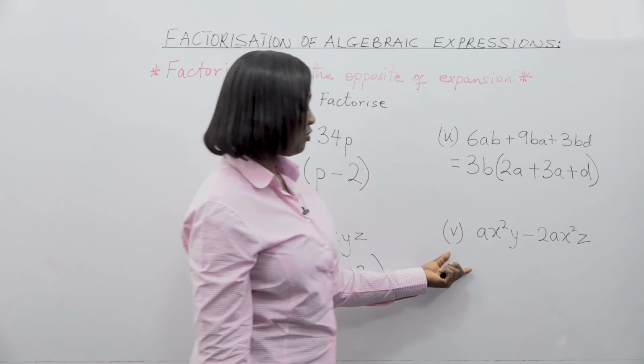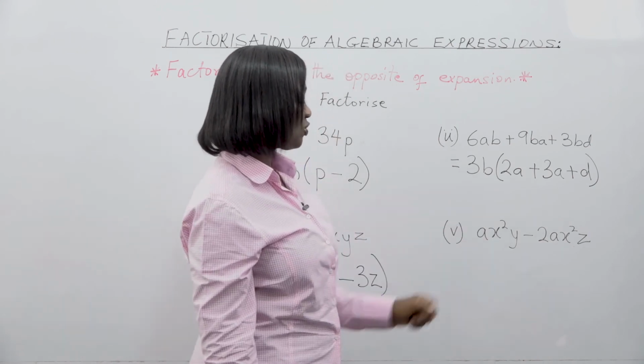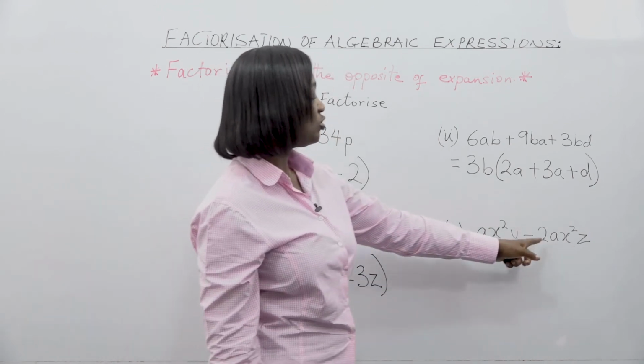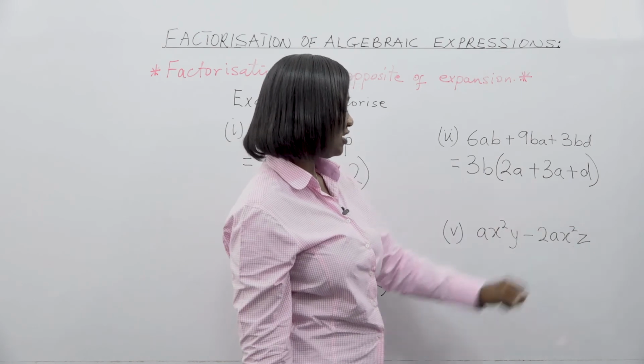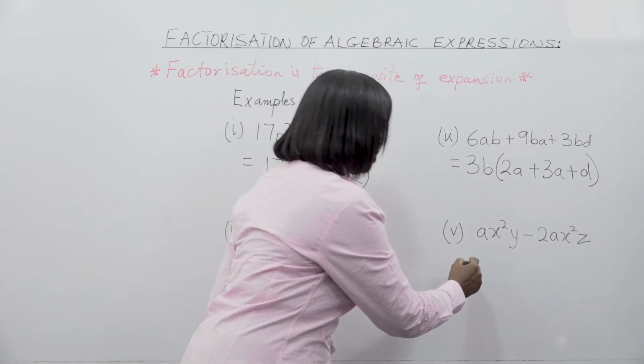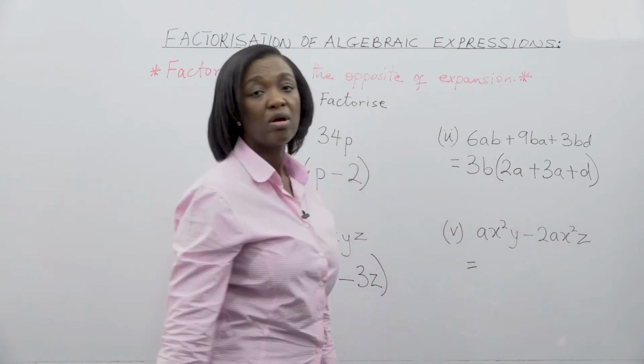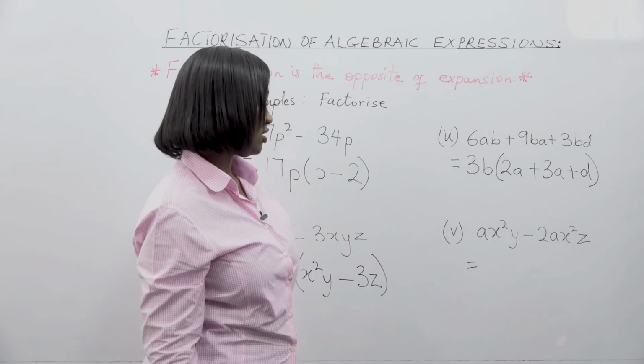And for the last example here, ax squared y minus 2ax squared z. Highest common factor.